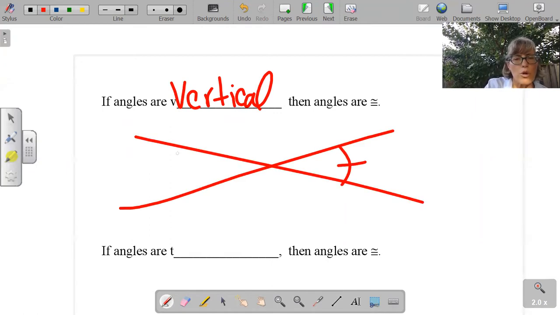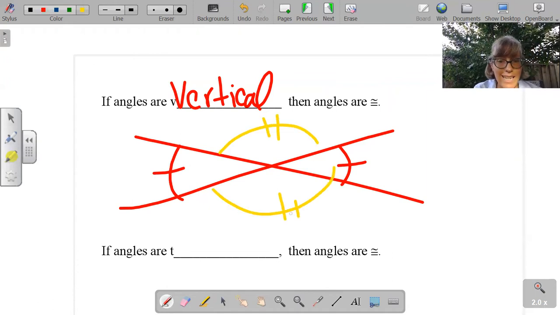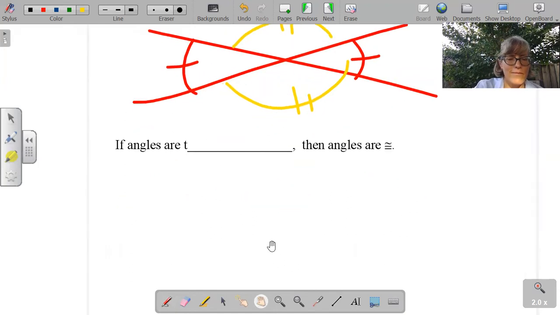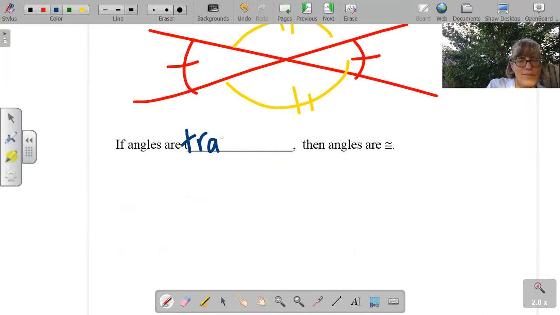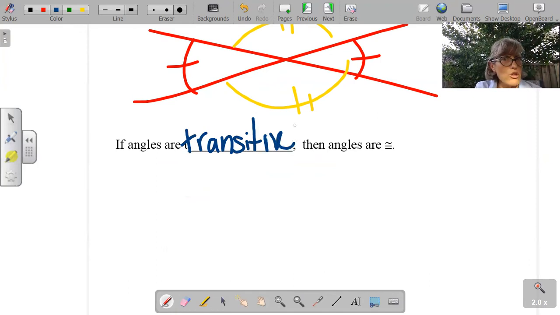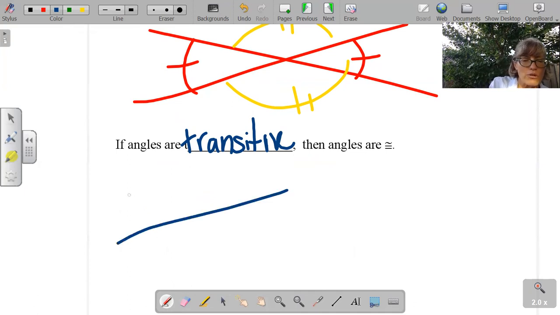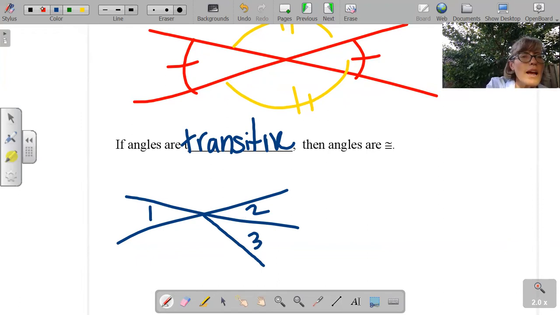If angles are vertical, they're always going to be congruent. Watch out for those. Straight lines. Angles are transitive. This would be an example of transitive angles. Let's say I had a scenario.